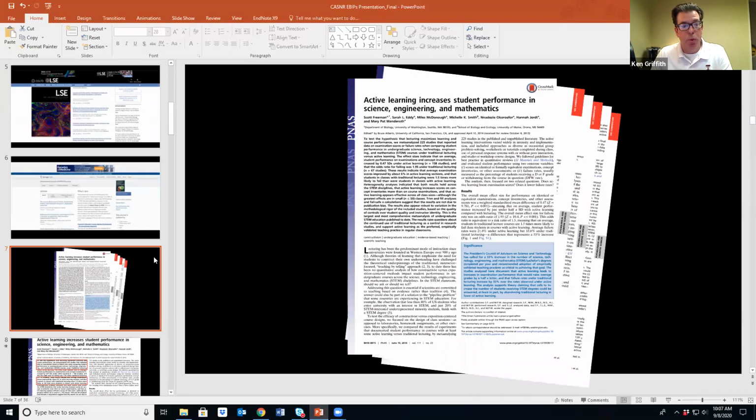So I want to point out one very specific paper that is from 2014. You'll notice on the margin here is PNAS, the Proceedings of the National Academy of Sciences. If you're not a STEM person, you may not recognize that acronym, but anything that's PNAS is a big deal.